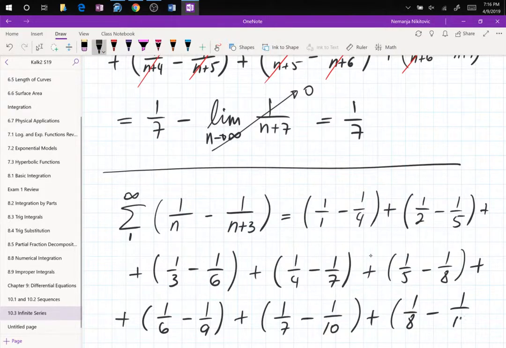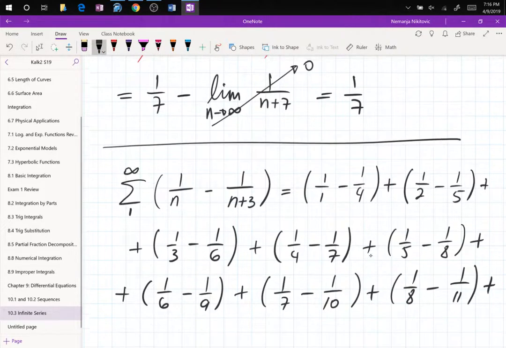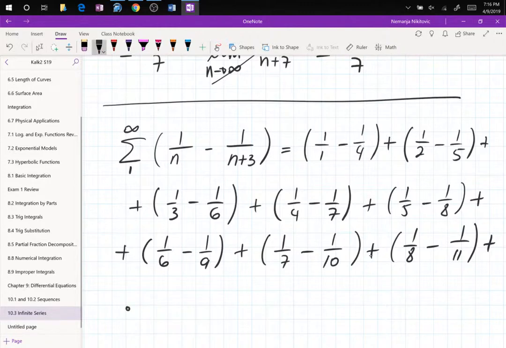Do you think that I particularly enjoy writing this out? No. But what's happening here? When you start canceling, where's my red pair? Negative quarter and positive quarter, gone. Now, you can also see, here's the purple, these are gone.